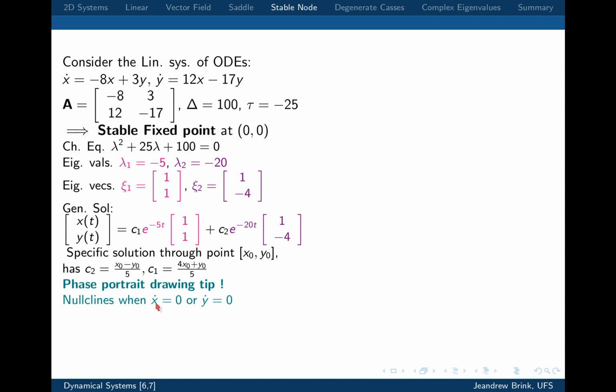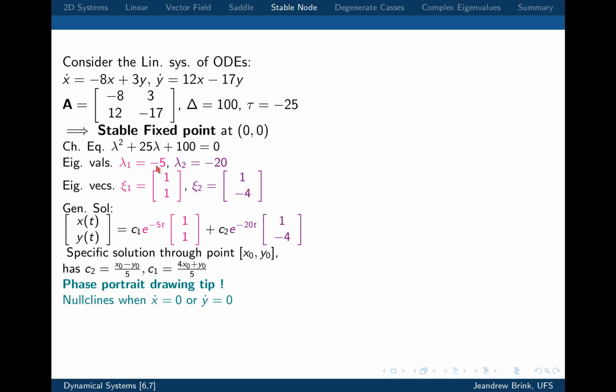So I go up to the top and I say x dot is equal to 0 on the line y equals 8 over 3 x. So I draw that line in, and I know then that all the arrows I draw on that line are either pointing up or down.